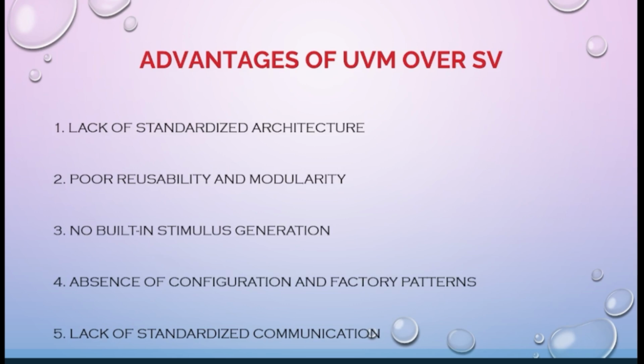By using these, you can easily generate complex randomizable stimulus patterns in UVM compared to SystemVerilog, because in SystemVerilog you need to do that manually, but in UVM the built-in sequence libraries will generate the complex randomizable layered stimulus generations. So this is the third advantage of UVM over SV.